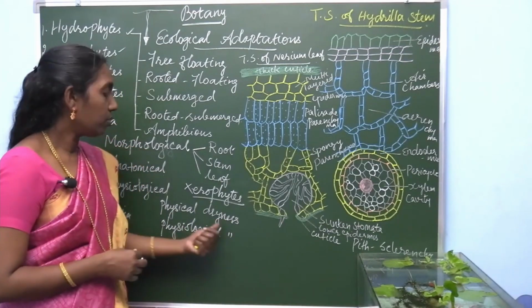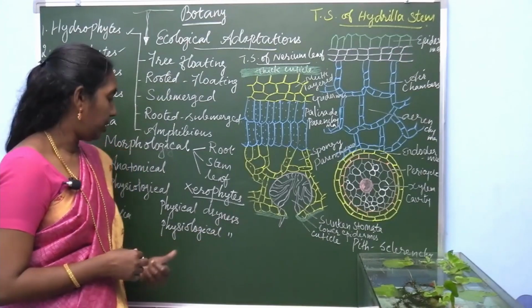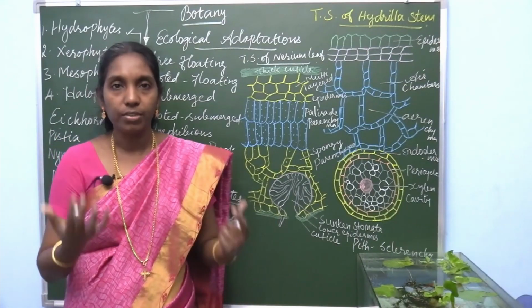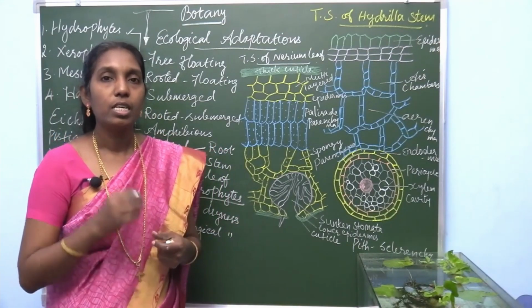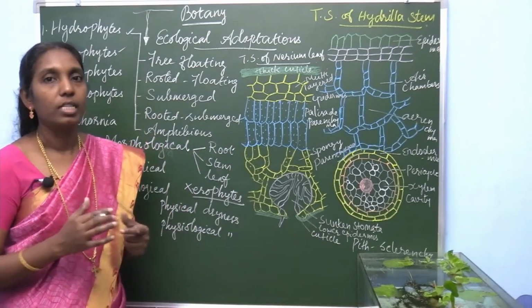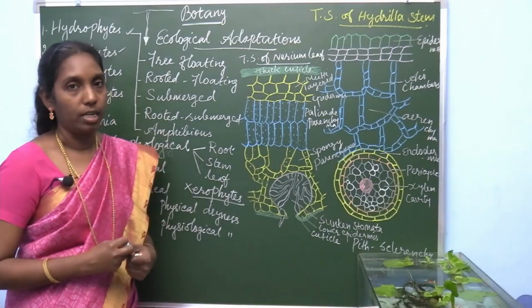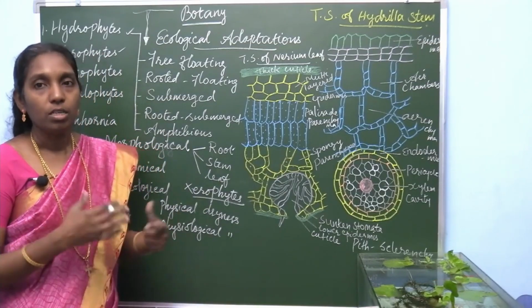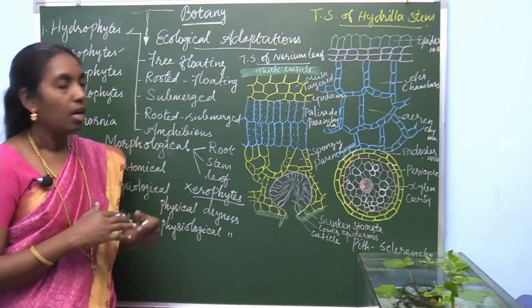Due to this, the plants or species are in dry condition. In physiological dryness, the soil contains sufficient water but the plant cannot absorb it due to the salty nature or acidic nature of the soil. The plant cannot absorb water. That is physiological dryness.